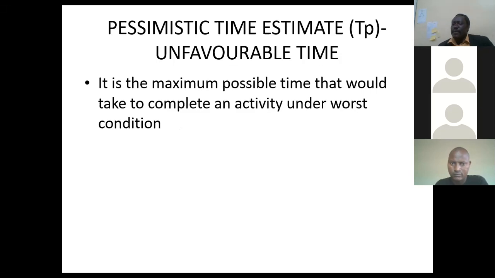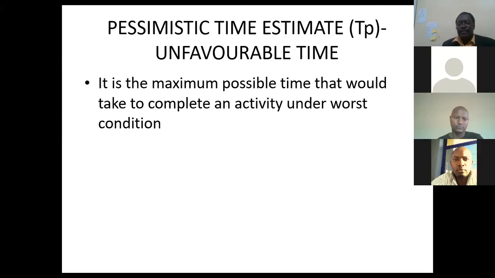It's just like someone who is planning a wedding. When you are planning your wedding, you will first think of the good scenario, and what will happen under it. Then, when you have unfavorable conditions, what will happen?